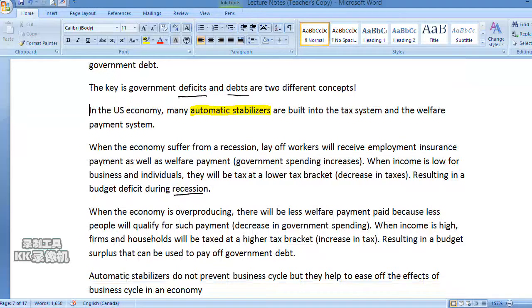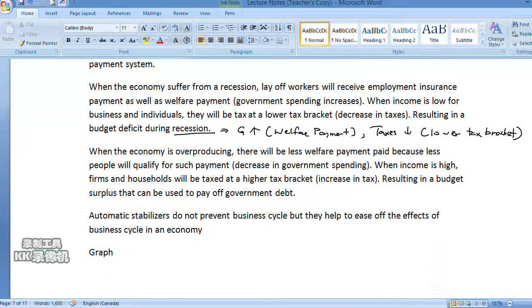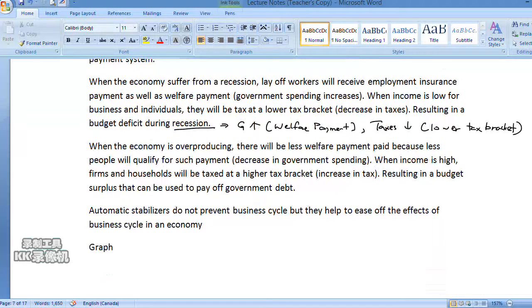So what we are seeing is when there is a recession, government spending is going to automatically increase through welfare payments, and you will see a decrease in tax because of lower tax brackets.